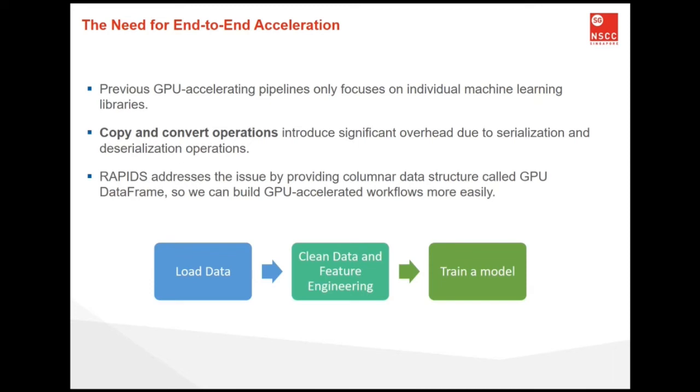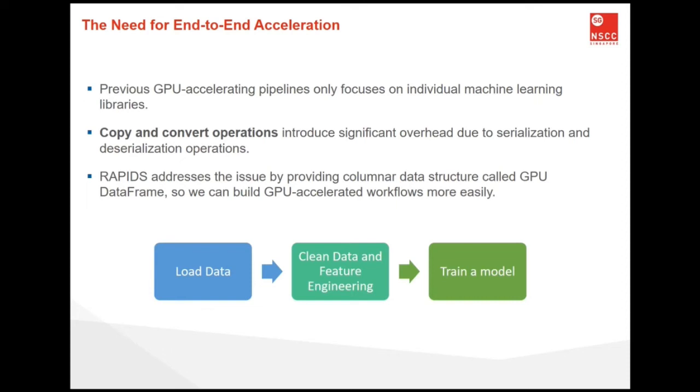Now, we run machine learning model training. We get a huge speedup on the training step. Finally, we move the data back to host memory and visualize or prepare for model deployments. In this case, copying and converting data operations introduce significant overhead due to serialization and deserialization operations.